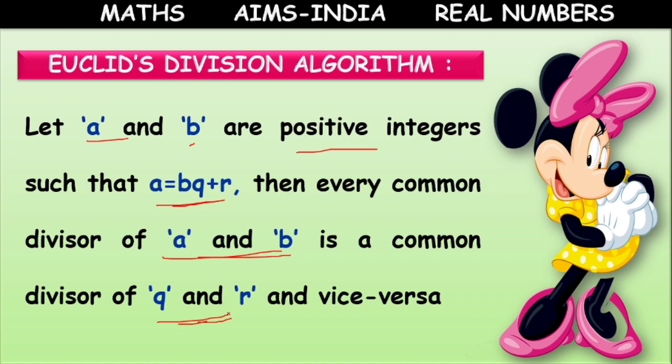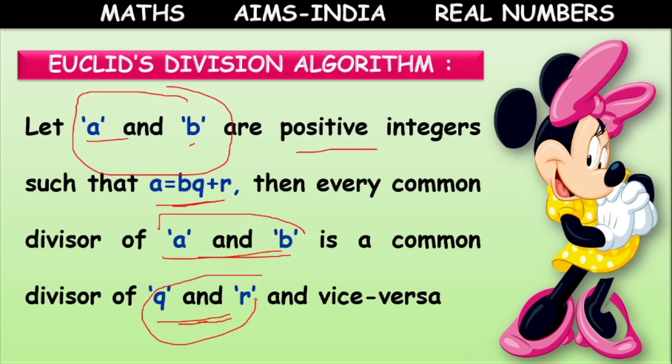So we have some integers A, B and Q, R, in the form A equals BQ plus R, which satisfy the condition we learnt in Euclid's division lemma.